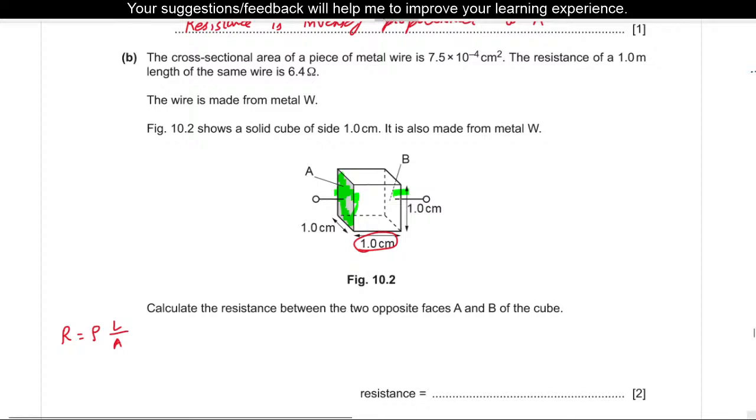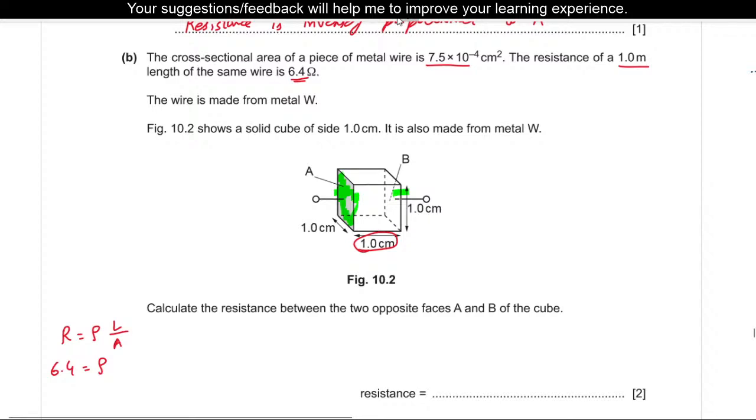How will we find the resistivity? To find the resistivity, we have the information about metal W. We are given area, we are given length, and we are given the resistance. So resistance is 6.4 ohm. We have to find resistivity. Length is given 1 meter and area is given in centimeter square. So either you convert from centimeter square to meter square or convert from meter to centimeter. It will be easy if you convert meter to centimeter in this question.